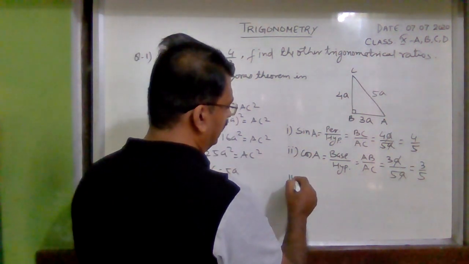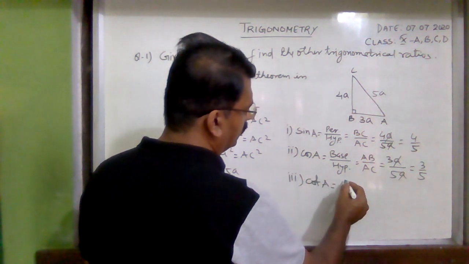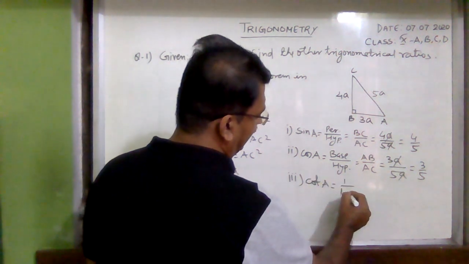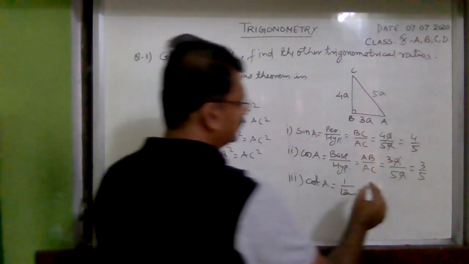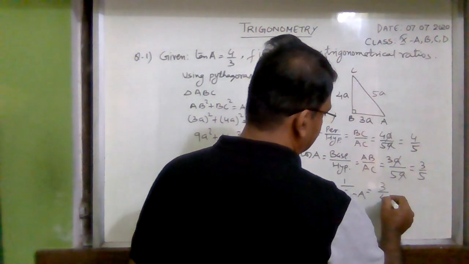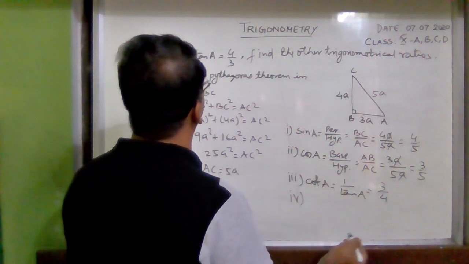So the next one is cot A. All of you know that cot A is 1 upon tan A. So simply the reciprocal of tan A, that is 3 by 4.